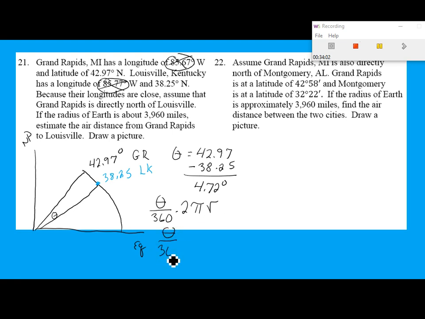Theta over 360, and theta is 4.72, times 2 times pi times the radius of 3,960. Now we're just going to grab our calculator and run that through, and then see that word estimate? That means go ahead and plug in the pi value of 3.14. And if you run that through, guys, you should get about 326 miles.